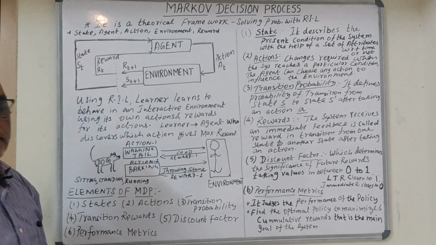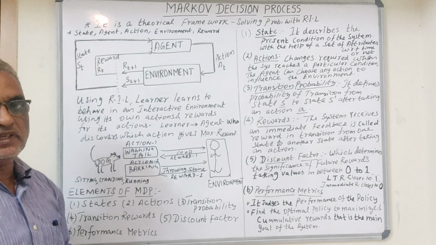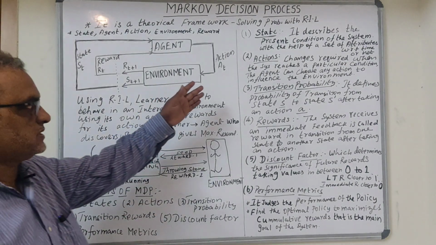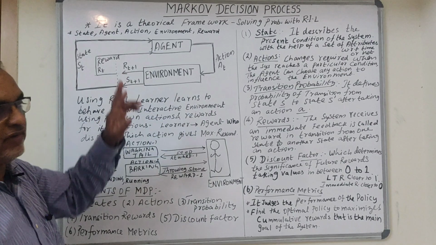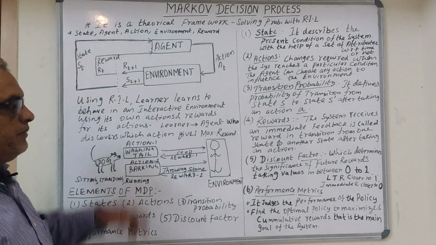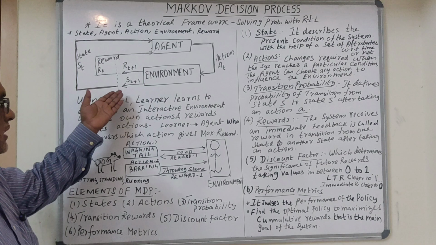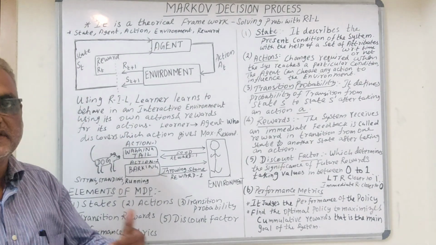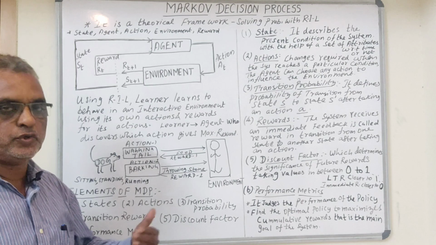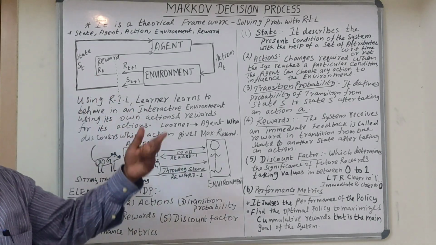Here the agent is the learner and he can do different kinds of actions. So with the help of the action he can influence the environment, and from the environment he can get the rewards. Based on the rewards, the state of the agent may be changed from one state to another state, that is ST to ST plus 1.